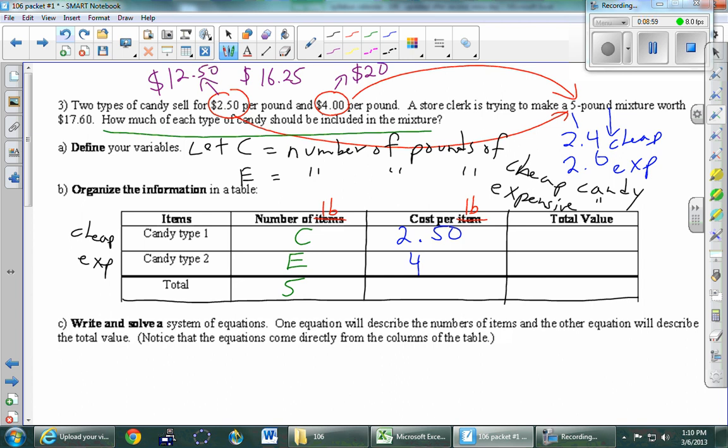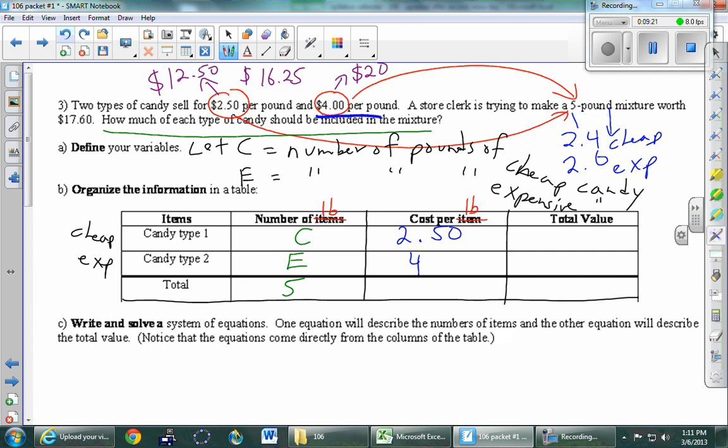Okay, let's go over to the last column. Total value. Take a step back. When we said, for example, we were going to use all 5 pounds of the expensive stuff, how did we figure out it would cost $20? Then we multiply them. So you took however many pounds you had and you multiplied it by the $4 per pound.